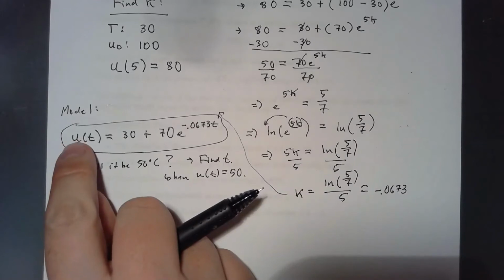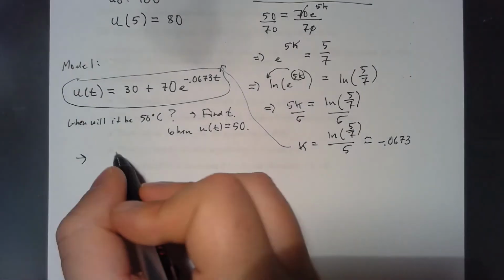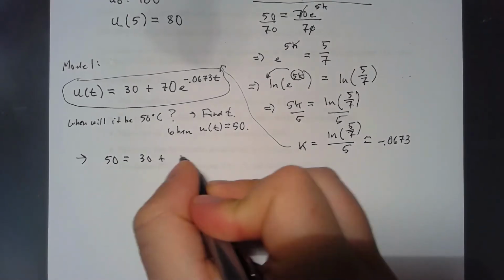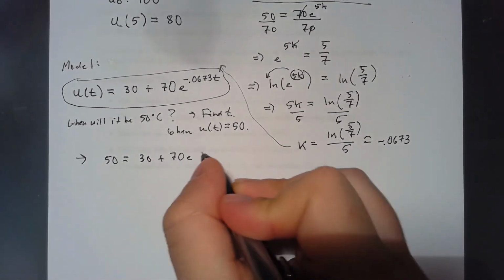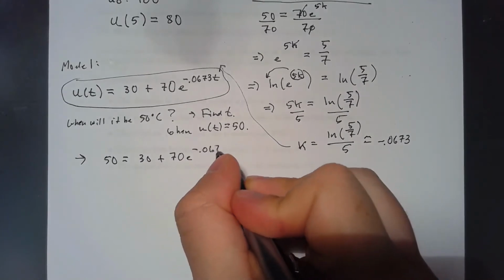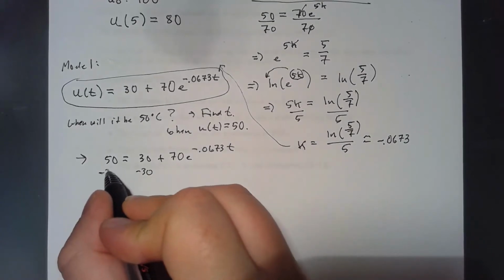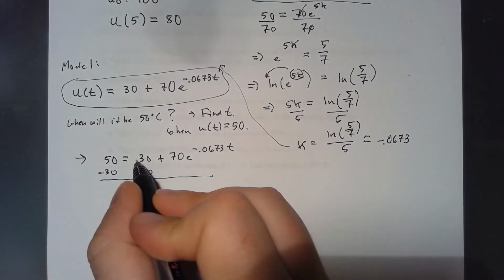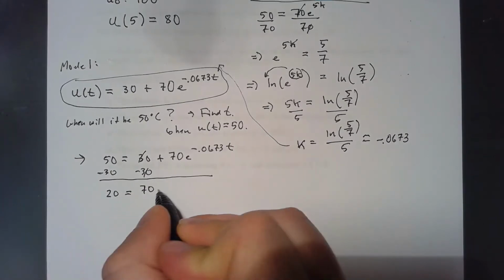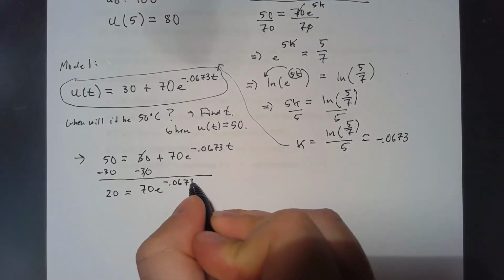So when this is equal to 50, I'm going to have 50 equals 30 plus 70 times e to the negative 0.0673 T. Subtract 30 from both sides. Boom, boom. I get 20 equals 70 times e to the negative 0.0673 T.